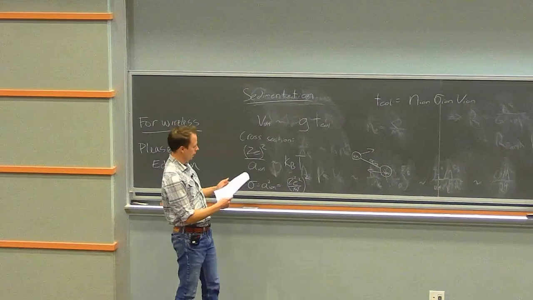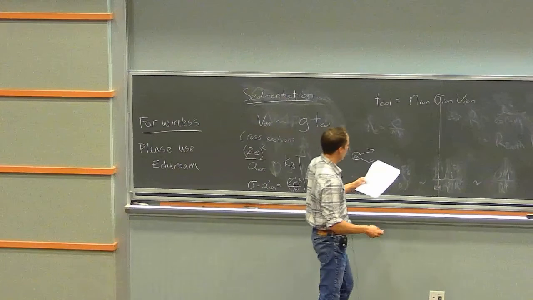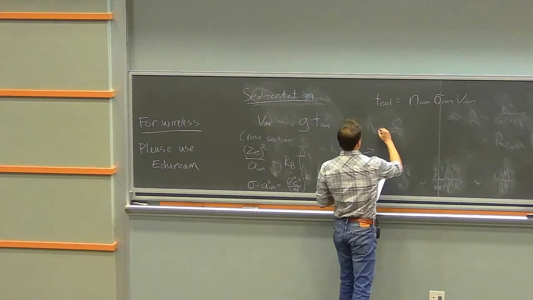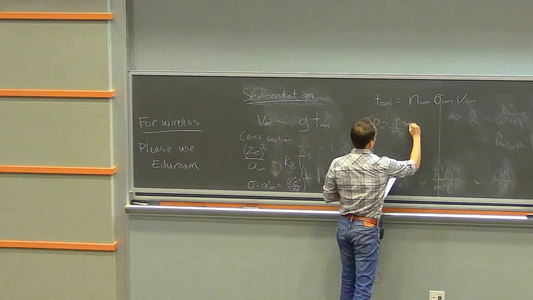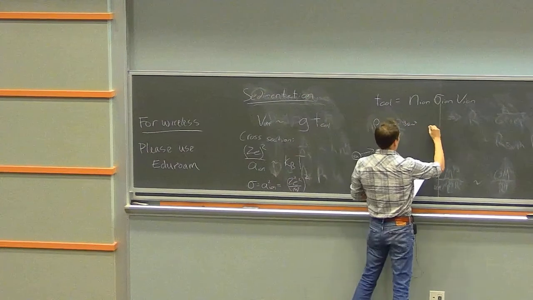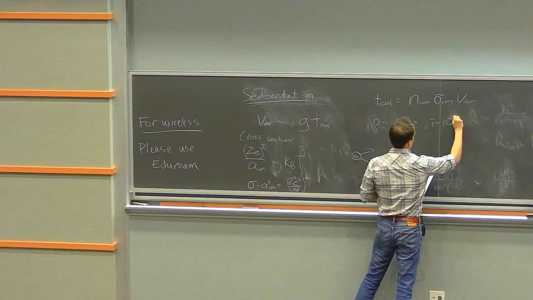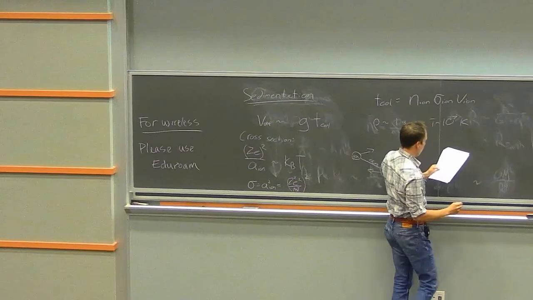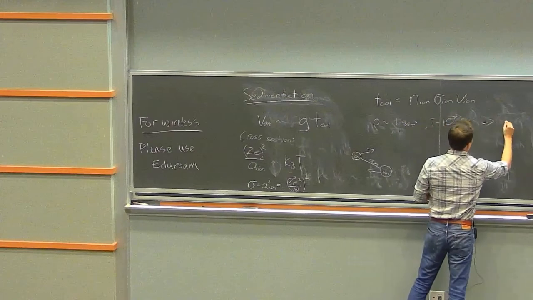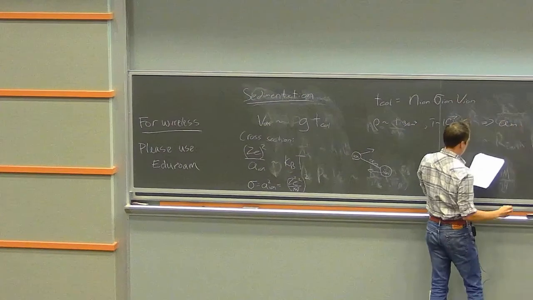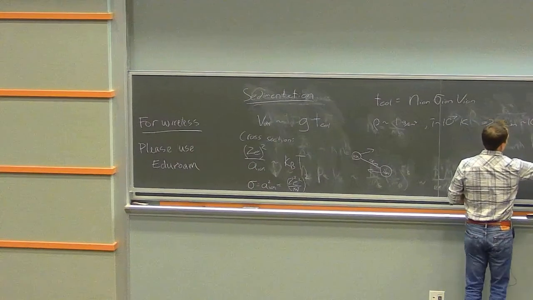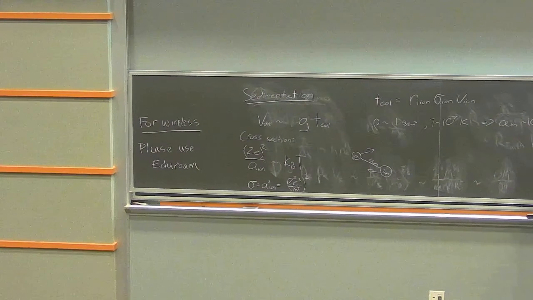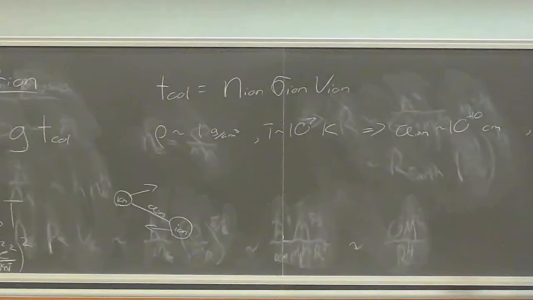Okay, so let's plug in a couple numbers. For typical densities inside of stars, which are of order a gram per centimeter cubed for the sun, and temperatures of 10 to the 7 Kelvin, this gives you a collision size of about 10 to the minus 10 centimeters. And this collision time is of order 10 to the minus 11 seconds.